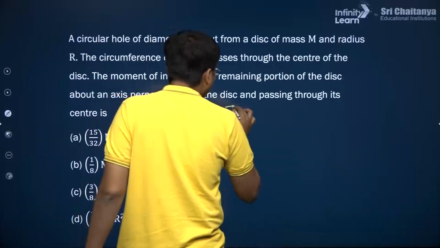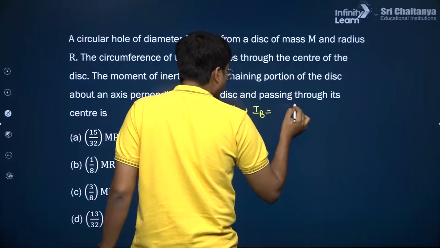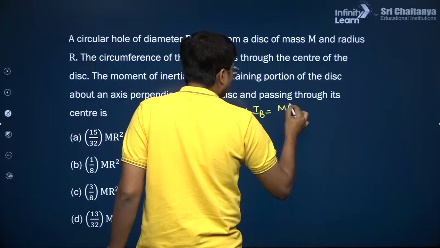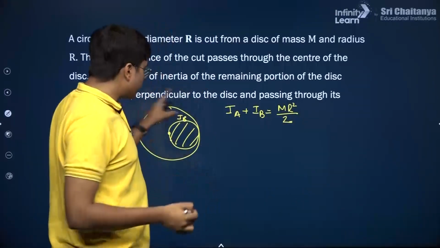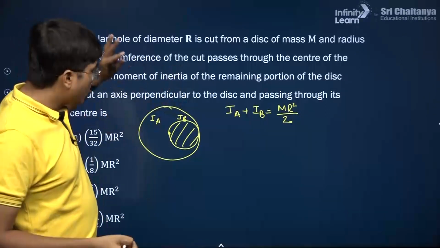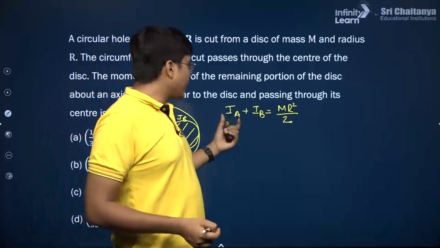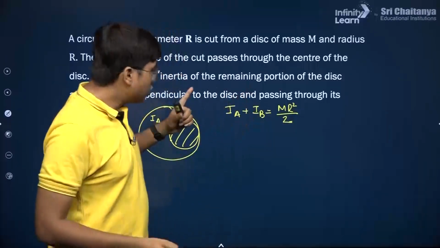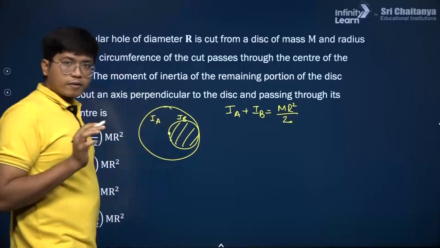So IA plus IB is equal to MR square divided by 2, which is the moment of inertia of the complete disc about its center. Now IA is what we need to find, but before I can get IA, I need IB, which is the moment of inertia of this piece about an axis over here.